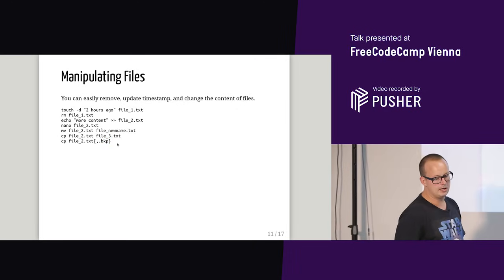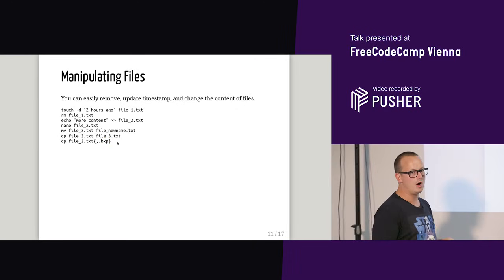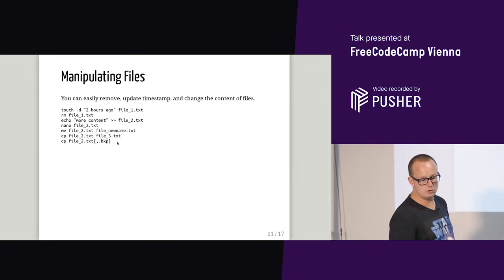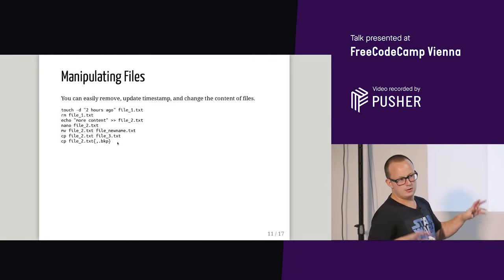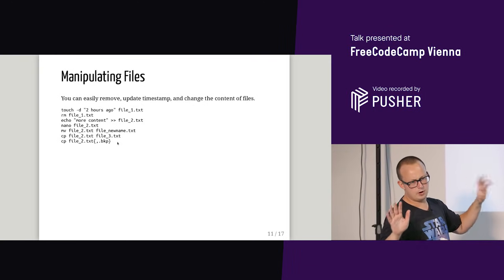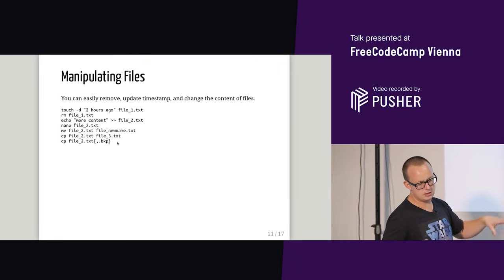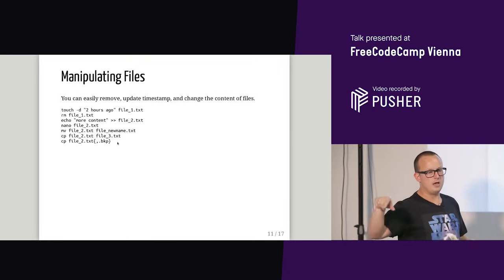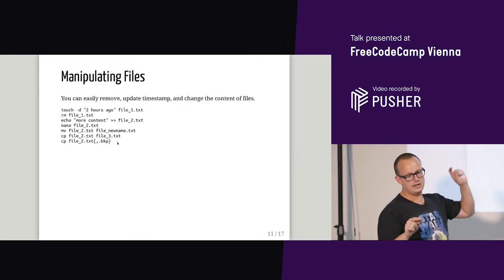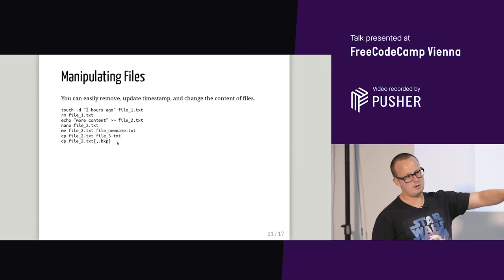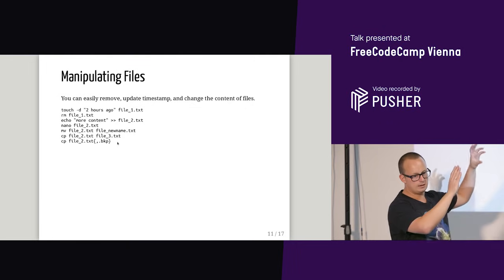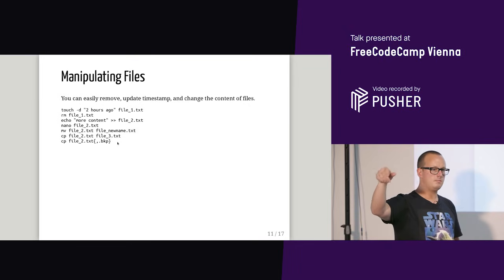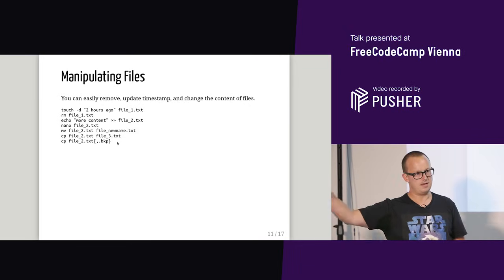And a nice trick, if you do backups, and you often think, oh yeah, I just want to back up this file and change it, like config files or whatever, you can do cp file2, and then you do some, don't quote me on this, but I think this might be Perl magic, so it might not be fully bash, but you do the curly brackets, comma, .backup. It means that it could take some parameters before the comma, but now we don't give it anything, so we're just saying take the file name that you have and create a new file with that same file name plus .backup, or .bkp, for example.